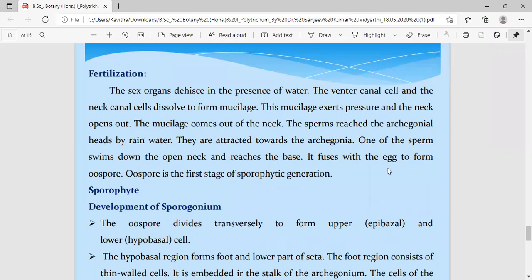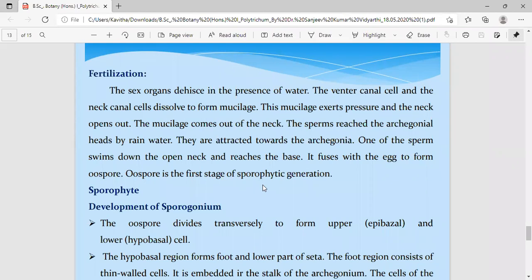In the venter, where the female gamete is ready, it will fuse with the female gamete and results in the formation of the diploid structure, what we call the zygote or the oospore.